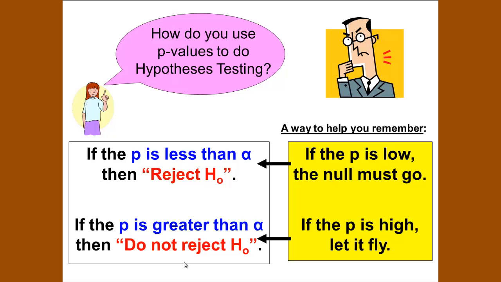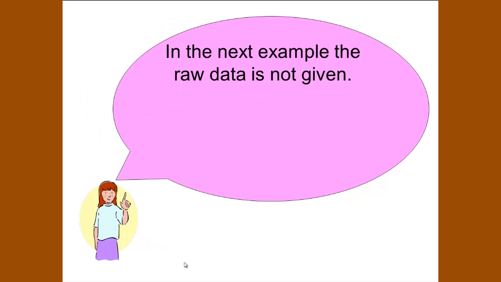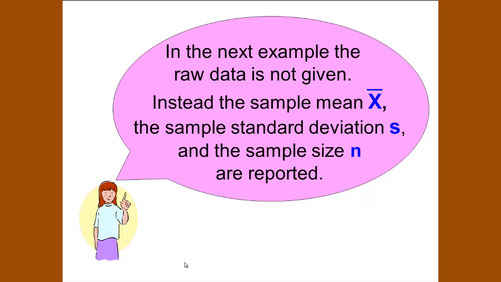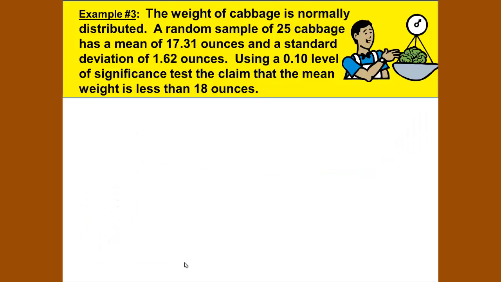We make no changes. In the next example, the raw data is not given. Instead, the sample mean x bar, the sample standard deviation s, and the sample size n are reported. Example number 3.